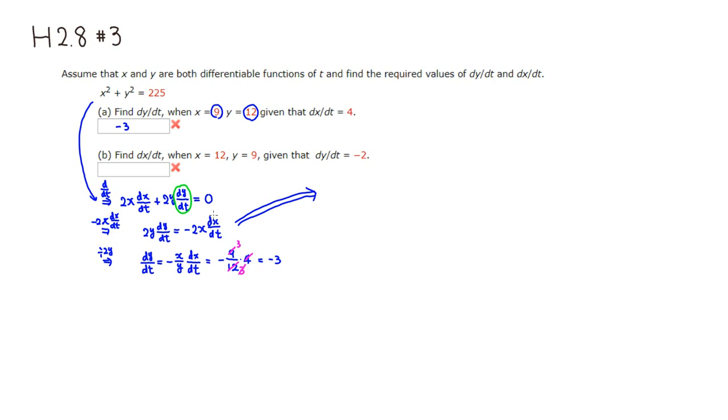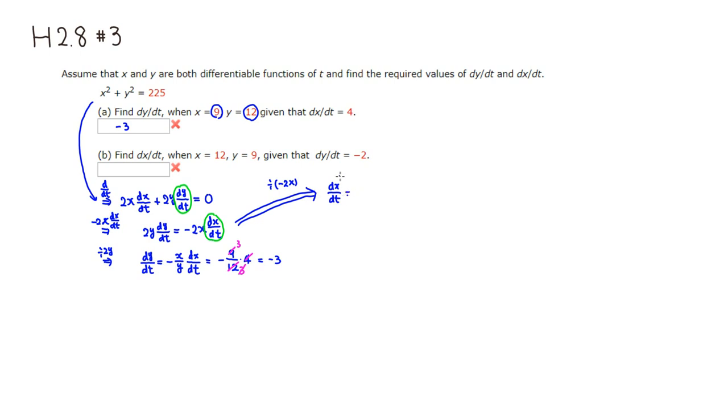This is the guy we want for part B. So I'm going to just divide through by negative 2x. That way this side becomes dx over dt, because negative 2x cancel out.